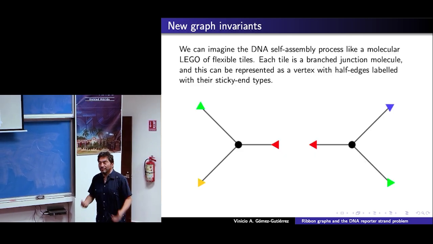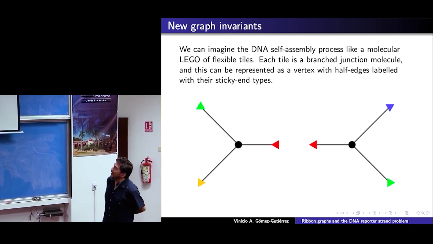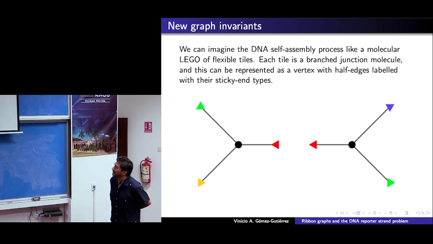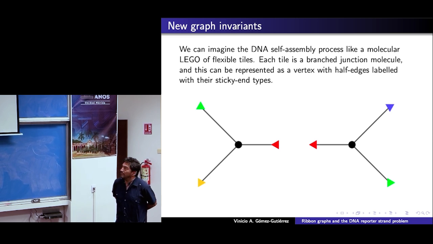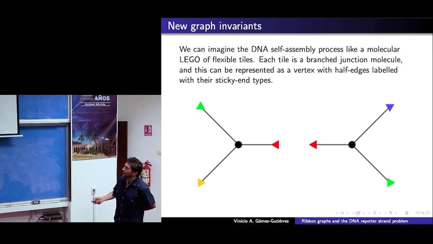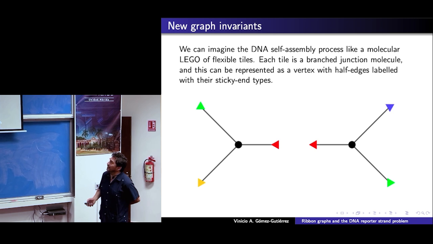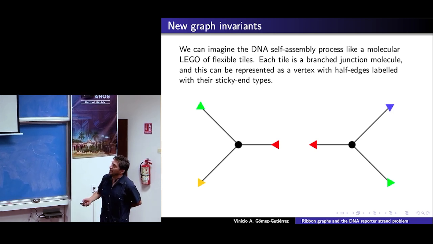There are new graph invariants. For example, we can imagine the DNA self-assembly process like a molecular Lego of flexible tiles. Each tile is a branched junction molecule, and this can be represented as a vertex with half edges labeled with their sticky end types.